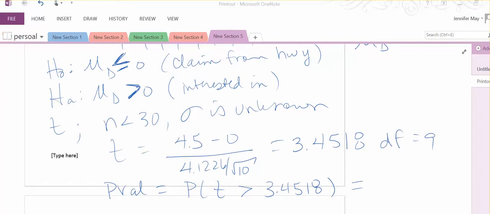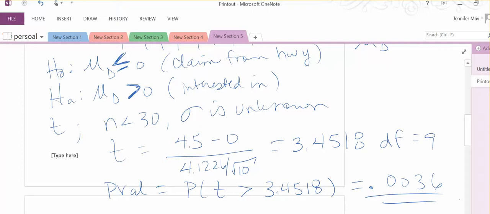So, you would go into StatCrunch and click on Calculate. You would tell it greater than and give it the degrees of freedom. So I'm hoping you know how to do this part at this point, because I cannot show it to you. Oh, I'm so aggravated. But you should get something from your technology that's about 0.0036-ish.